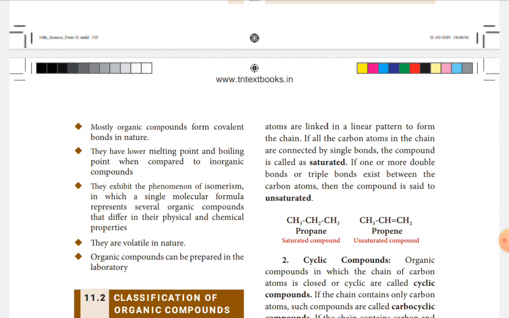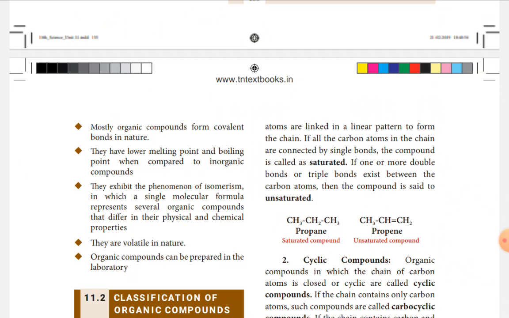Mostly organic compounds form covalent bonds in nature. Covalent bonds were already explained in the previous section, in the previous class, 9th standard also.